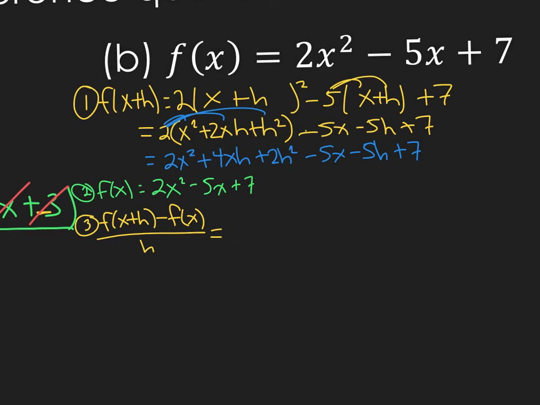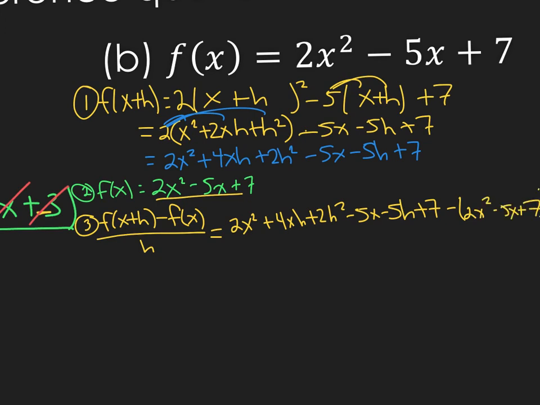The first portion we found in step 1, and that is that ginormous long one, 2x squared plus 4xh plus 2h squared minus 5x minus 5h plus 7. And now we're going to subtract our original function, in parentheses 2x squared minus 5x plus 7, and divide all that by h.